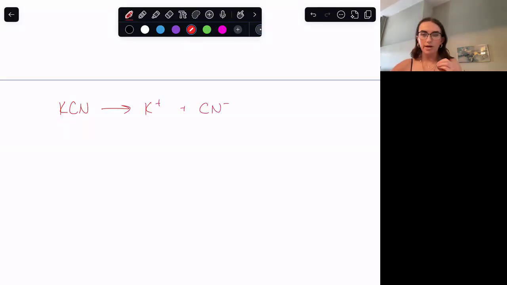Your K plus will always be your conjugate acid, and your CN minus will always be your conjugate base. So you need to ask yourself, what base did this come from and what acid did this come from? So looking at potassium, what base did that come from? What is its original base that produced a potassium ion?